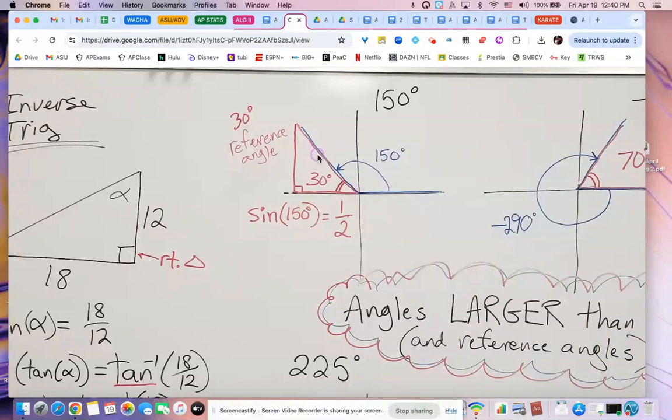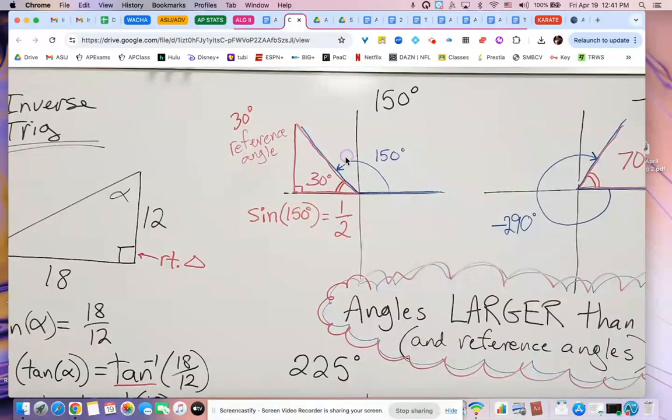It's just that as soon as we get past 90, we flip over, and the triangle is now on the other side of the hypotenuse, right? This was always the hypotenuse that we were rotating around. So now my hypotenuse is over here, but we still have the height here, and we still have the base here. The base is still the adjacent, the height is still the opposite side. So the ratios, sine, cosine, tangent, still don't change.